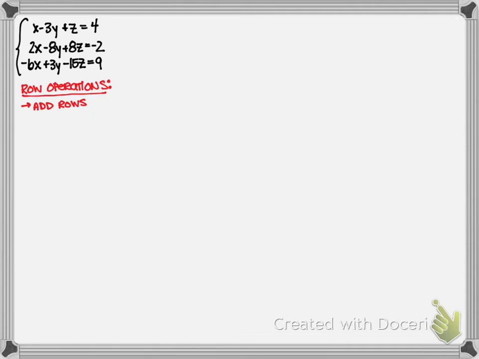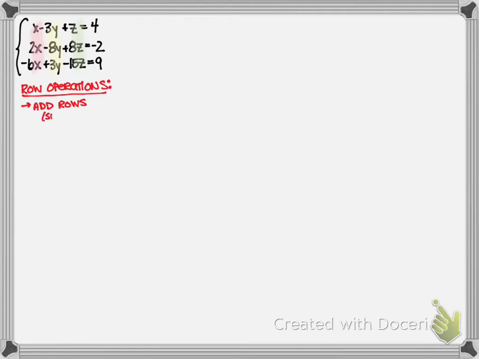You can take one equation and add it to another as long as your variables are stacked. So my x's are in one column, my y's are in another, and my z's are in another. Because if the x's are together and we're using elimination for a system, we can always add or subtract the same variable.